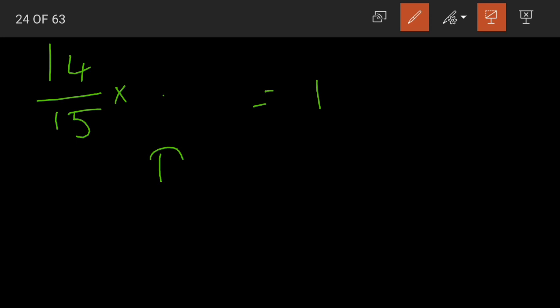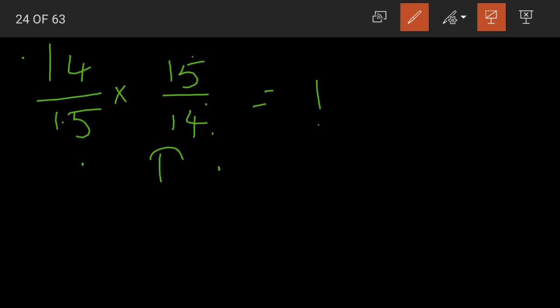And we've learned that the multiplicative inverse of a fraction is its reciprocal. The reciprocal of 14 by 15 is 15 by 14. So the multiplicative inverse of 14 by 15 becomes 15 by 14.